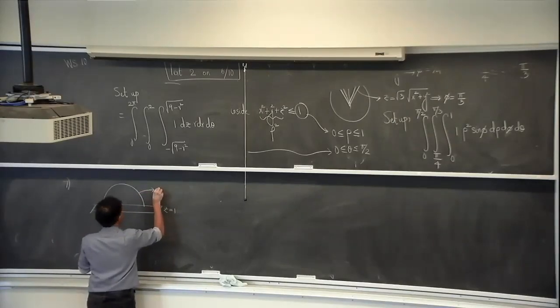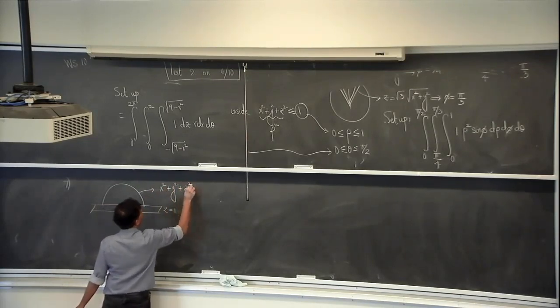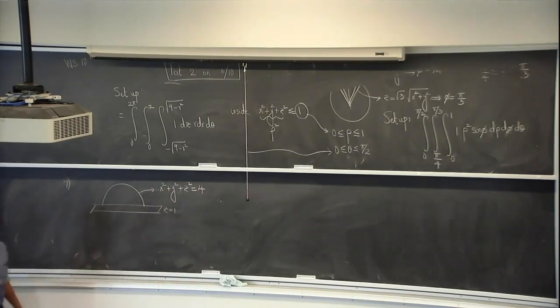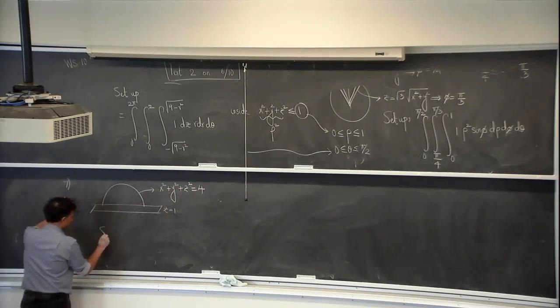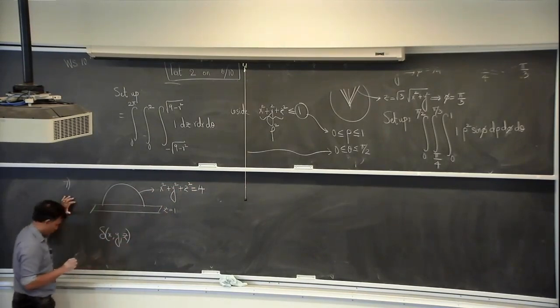And this is a sphere of radius 2. And the density function is given. So the only difference between the examples we have done so far and this is that we're finding the mass here, not the volume.